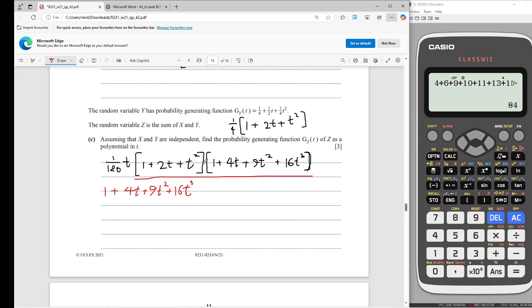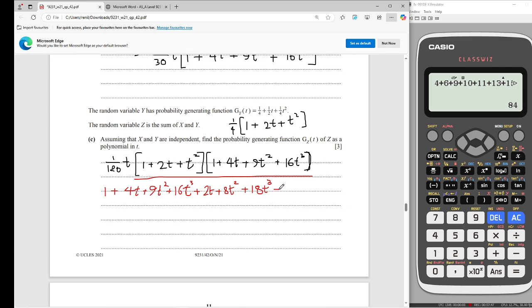Okay, now that we've done that, we just do it for 2 now. So it's going to be 2t plus 8t squared plus 18t cubed. I think it should just specify this is a cube.